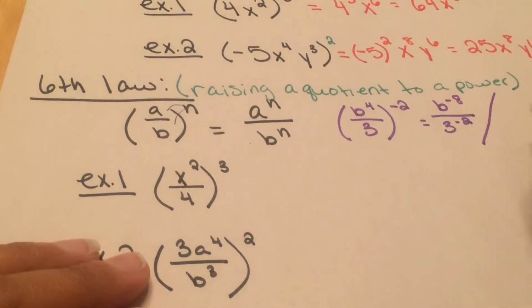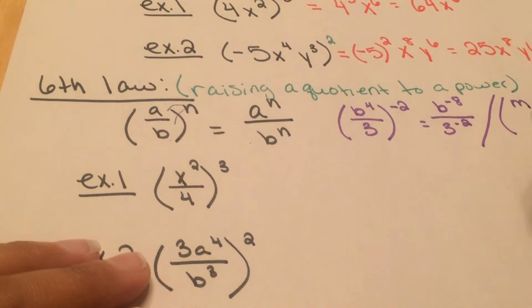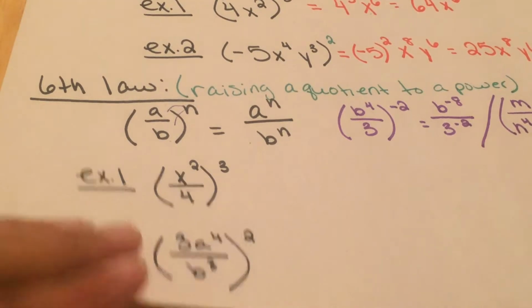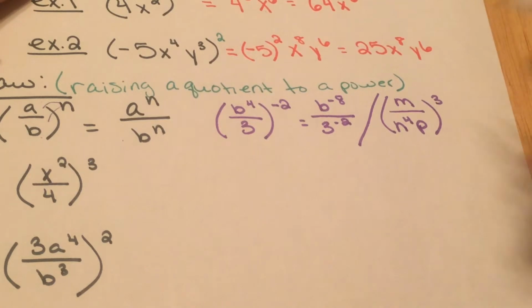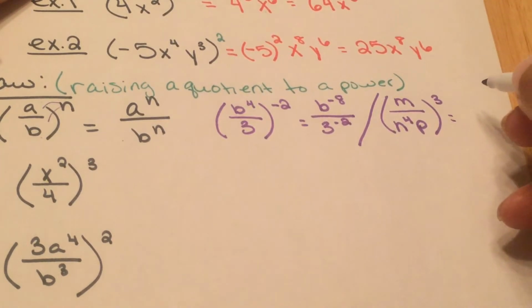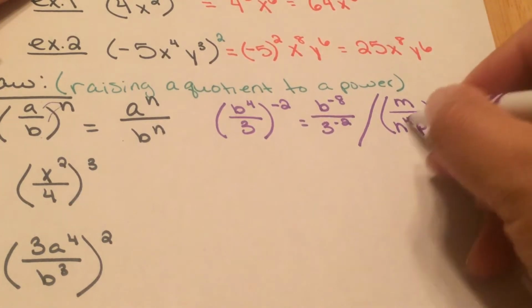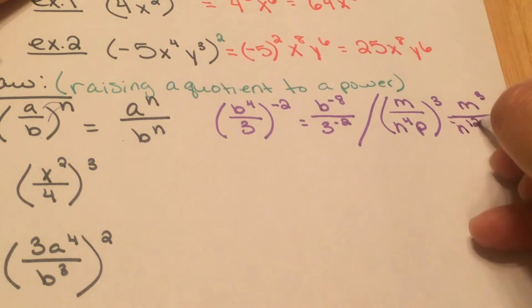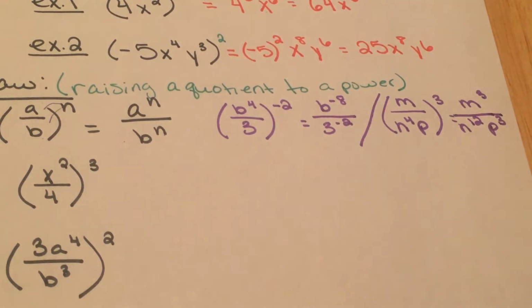Okay, we'll also try another one. What if we have m over n to the fourth p, all raised to the third power? If we look at this one, it's the same thing. We take that 3 and distribute it to everything. So we would have m to the third over n to the 12th, p to the third. And that would be our answer.